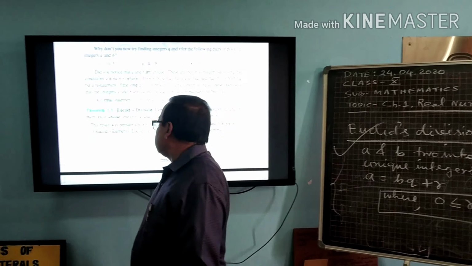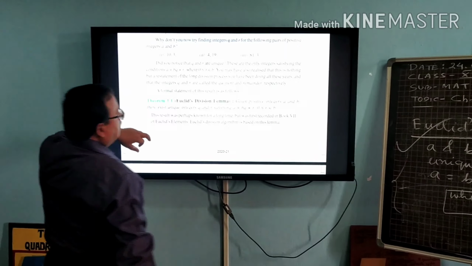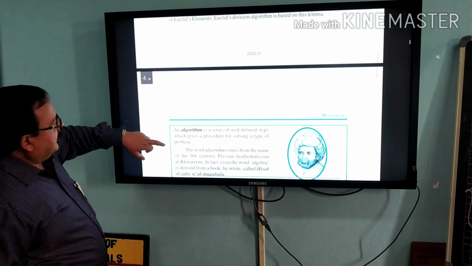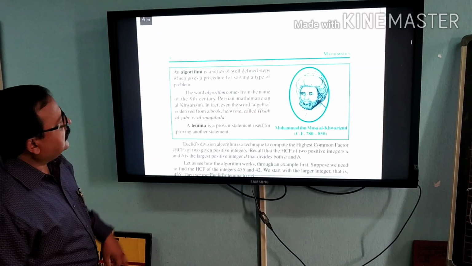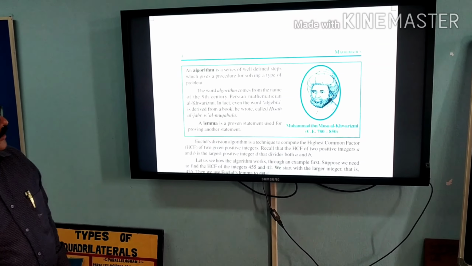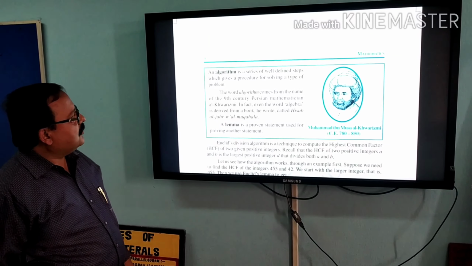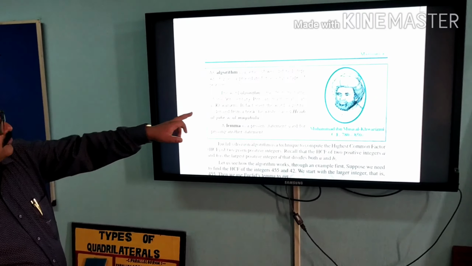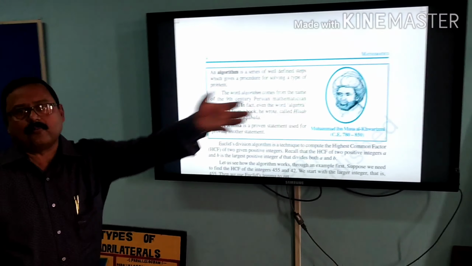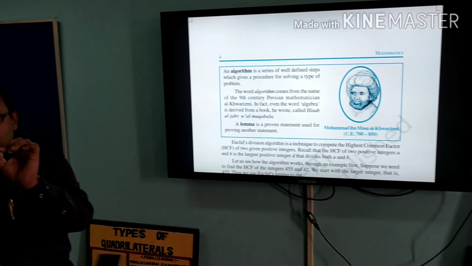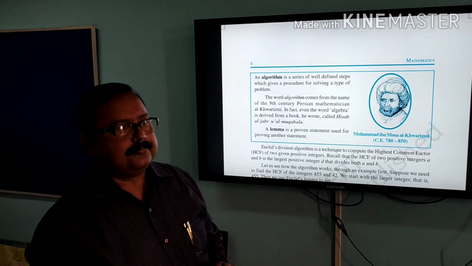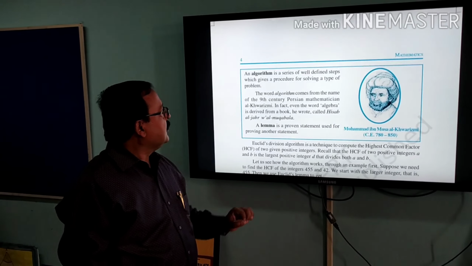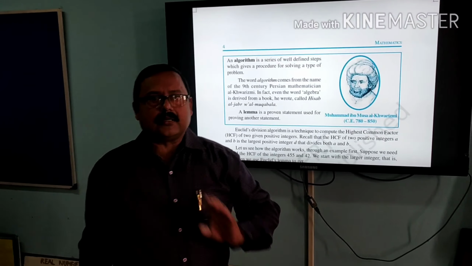Now, dear student, using this lemma, we can get the algorithm. What is an algorithm? An algorithm is a series of well-defined steps which gives a procedure for solving a type of problems. Some specific types of problems are there which we can solve by this. This is called the algorithm.